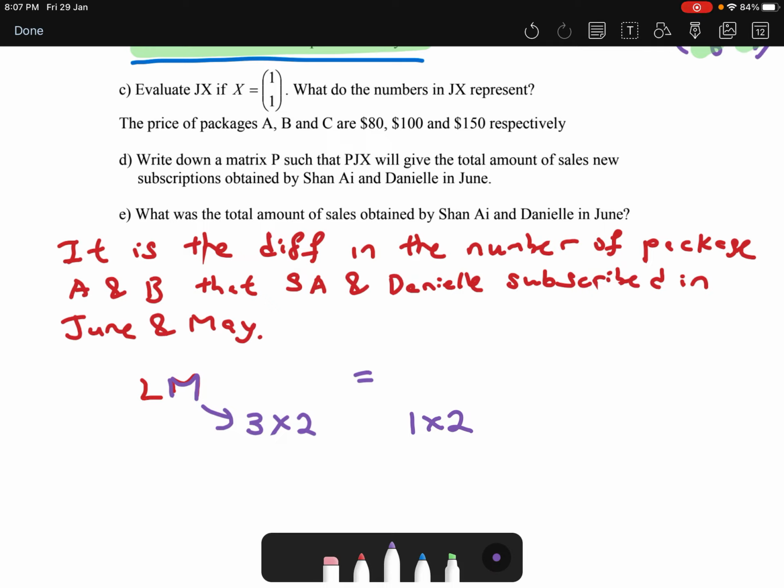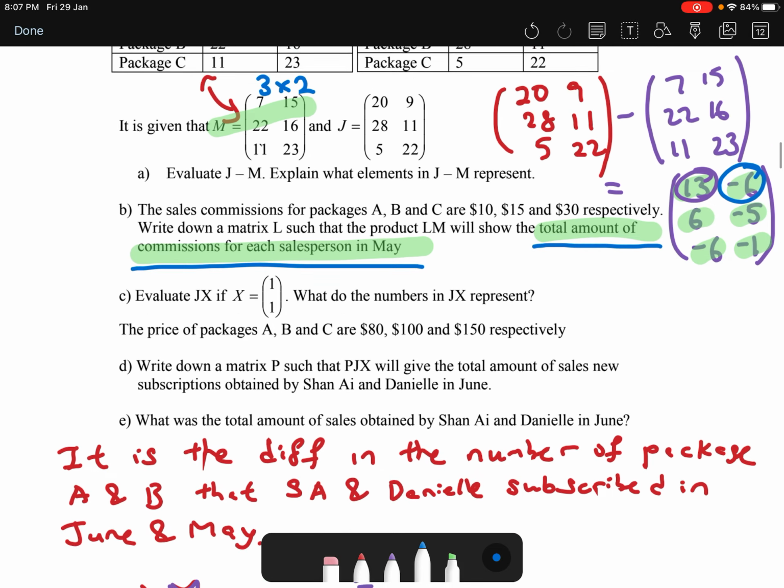So what is the order that my L must be? Since the inner numbers must be the same, which is 3, L must be 1 by 3. In order to multiply, this must be 3 and this must be 3, and the resulting matrix is 1 by 2, which is the result I determined.